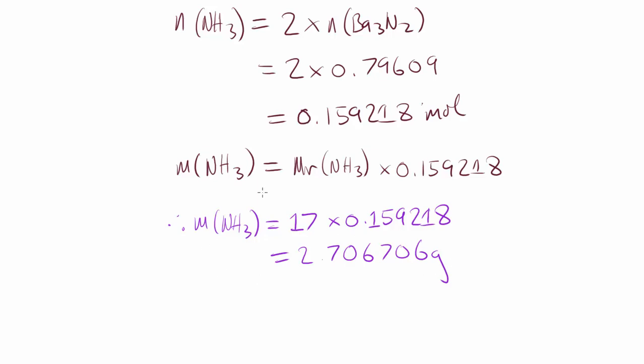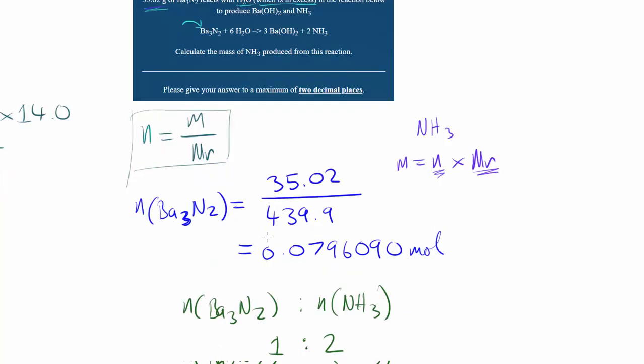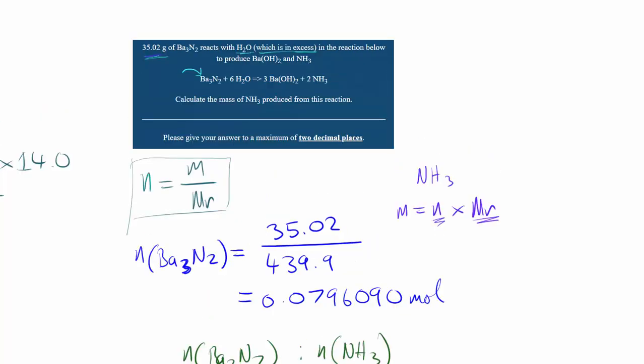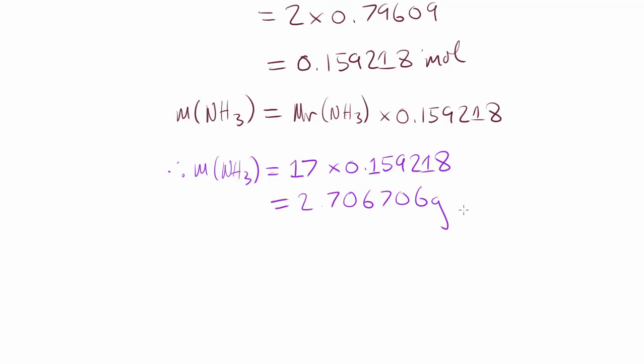So we've got a mass value for the NH3. We do need to confirm what the question has asked us to do, right? It asks us to calculate the mass of NH3 specifically, which is what we've done. But it also asks us to give our answer to a maximum of 2 decimal places, which we have not yet done.